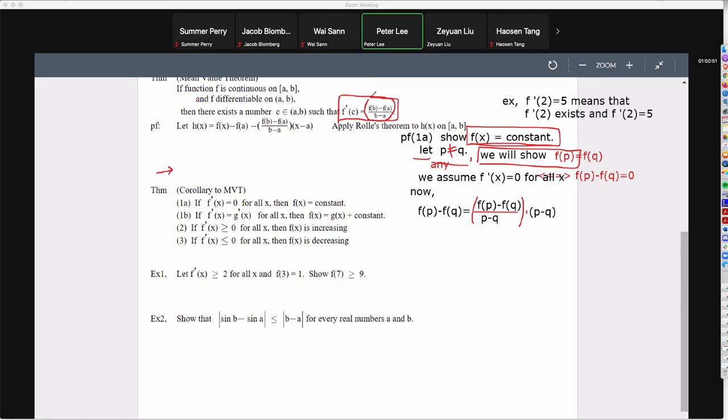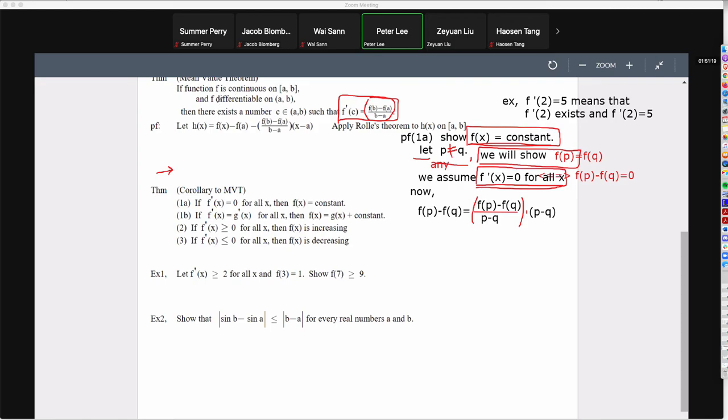Because in this case, we want to apply the mean value theorem. So now let's say we have a function f with f prime of x equals 0 for all x. Does this function f satisfy the hypothesis of the mean value theorem?